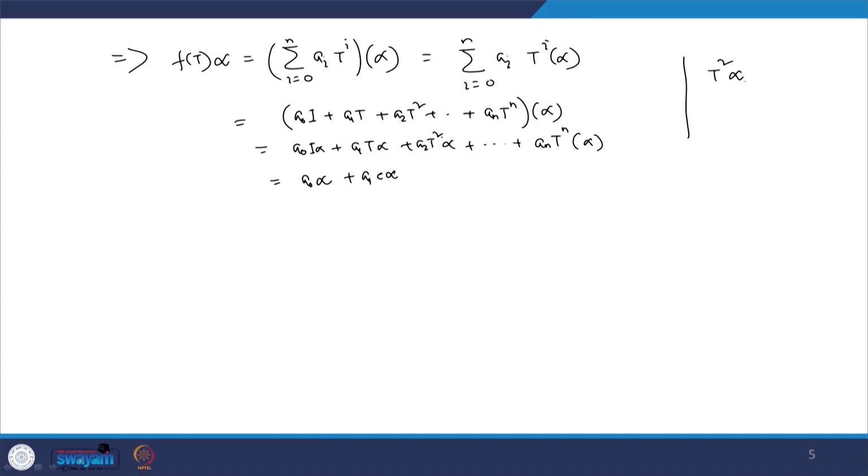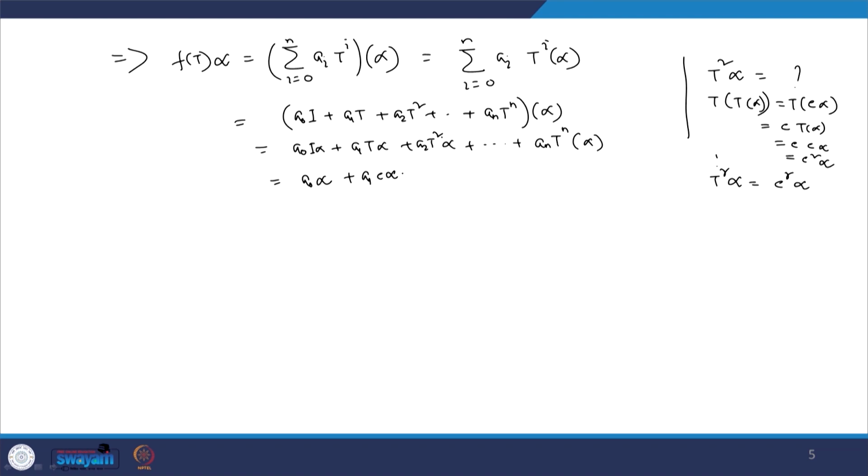T square operating on alpha will be equal to how much? T square of alpha equal to T of T alpha. So, this is equal to T of C alpha, which is equal to C into T of alpha, which is equal to C into C alpha. So, this is equal to C square alpha. So, T square operating on alpha gives me C square alpha. Similarly, T to the power r operating on alpha gives me C to the power r alpha, please.